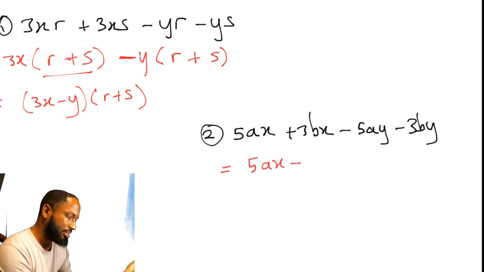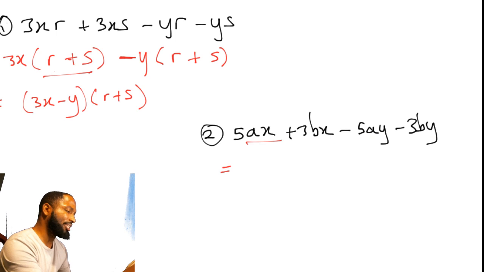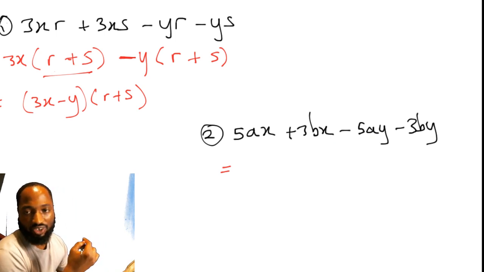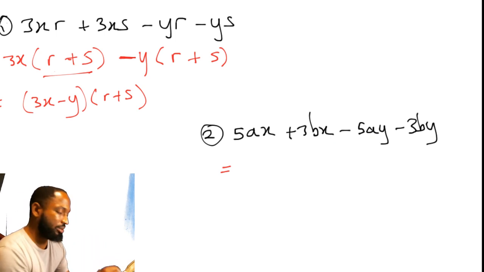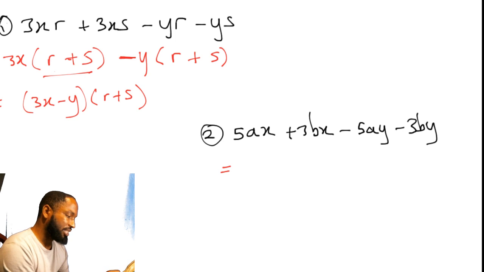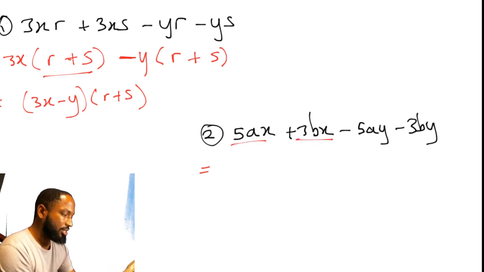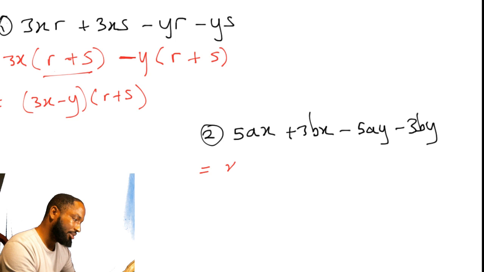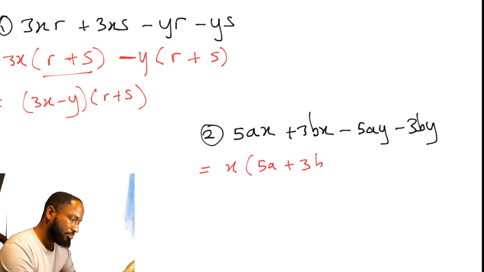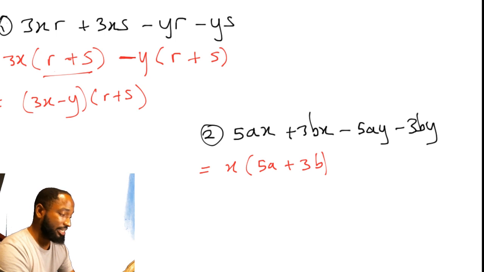5ax minus. I got to rearrange it, like put this here and this here and then that there and that there. It doesn't really matter. You can do it without rearranging it. So ask yourself what's common. X is common. So I'll put x into 5a plus 3b. That's all I see in there now.